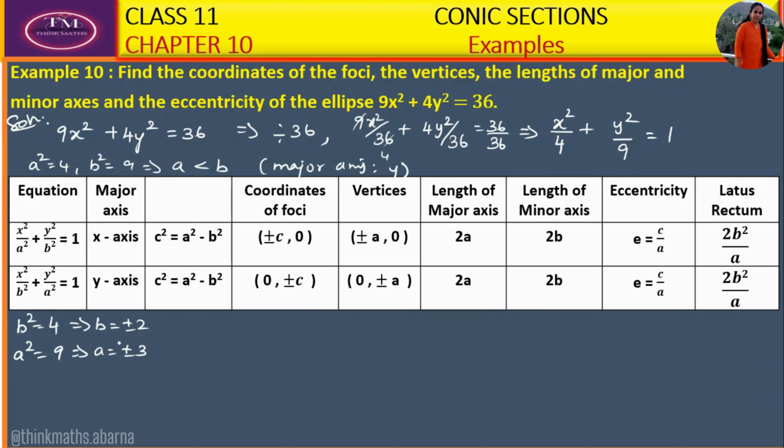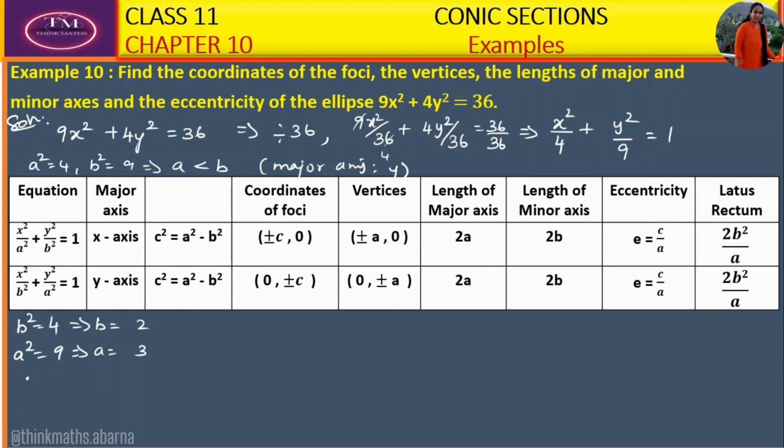As a and b are the lengths, we can take only the positive values. So b is equal to 2 and a is equal to 3. Then according to the axis and positive and negative quadrants, we can substitute the value of plus or minus 2. So we found the values of a and b.